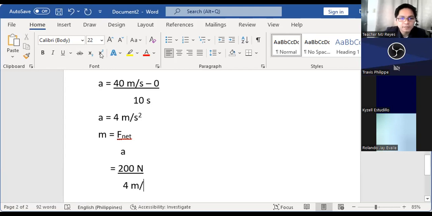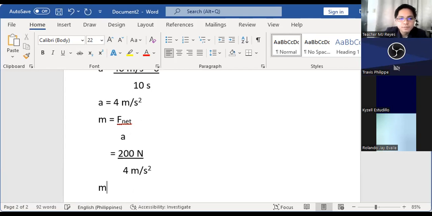Correct? So solve. Your mass is equal to 200 divided by 4, we have 50 kilograms.